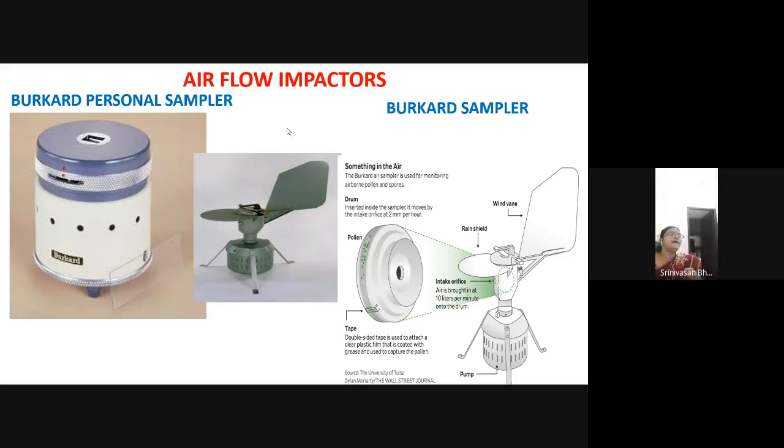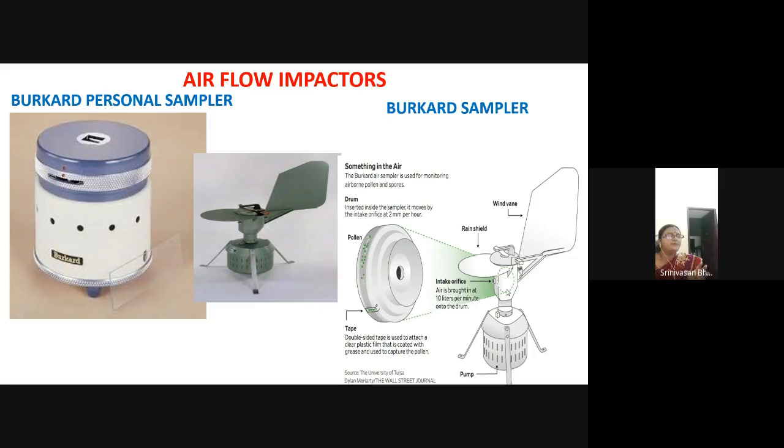Then we go on to the Burkhard sampler. This is mostly for outdoor sampling. You cannot use this Burkhard sampler for indoor sampling; it is completely for outdoor sampling.